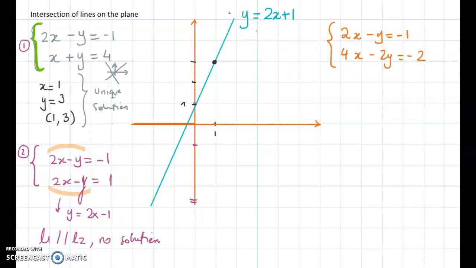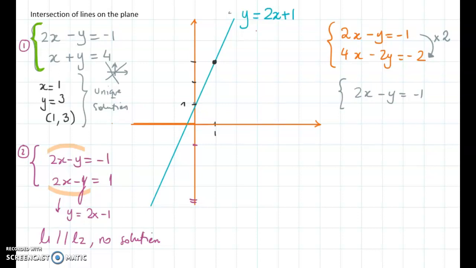Also here there is something special happening, because you may notice that the second equation can be obtained from the first one just by multiplying by 2. This means that both equations have exactly the same information. So we don't actually need to have the two of them, because having both doesn't add anything. We could just write the first one and we will be given the same information. So there is only really one equation.